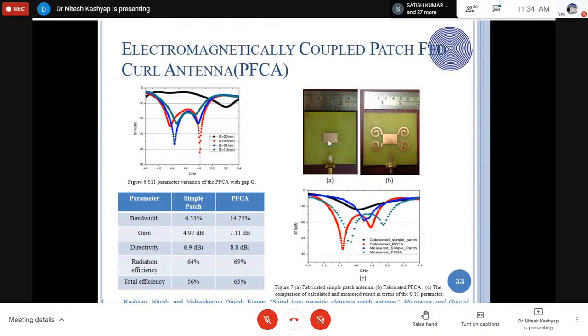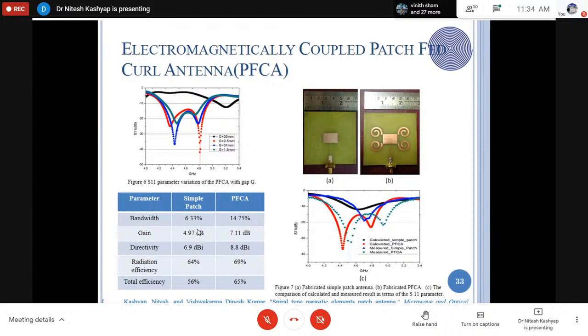Let's see the performance of the antenna in the comparison of measured and simulated; the measured and simulated antenna show almost similar results.